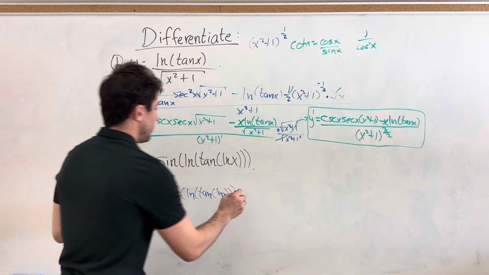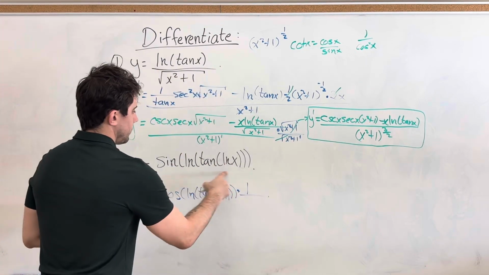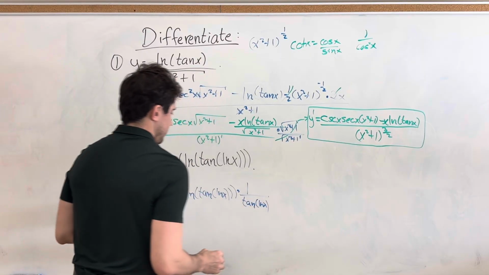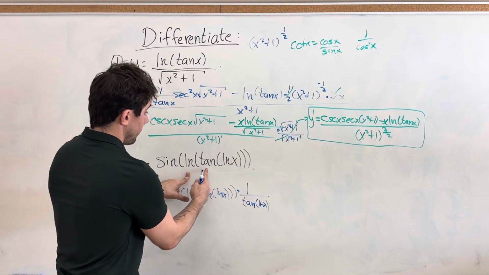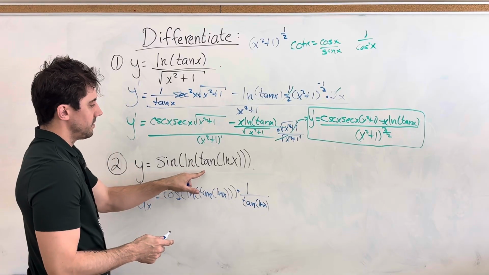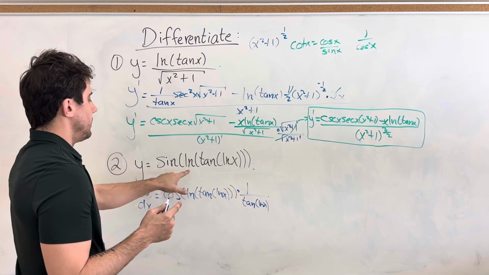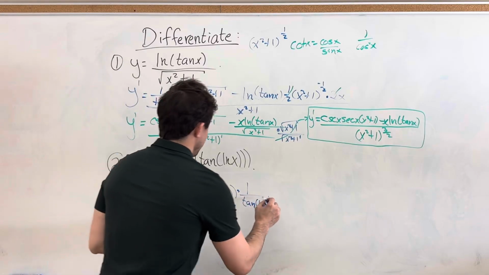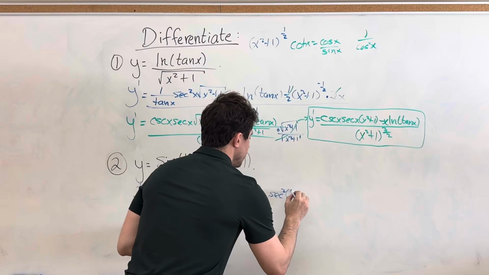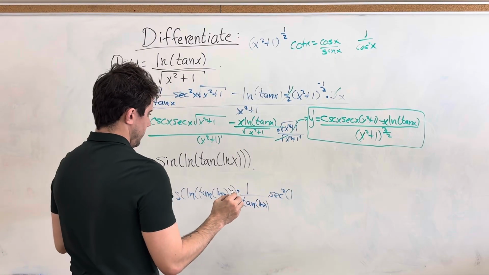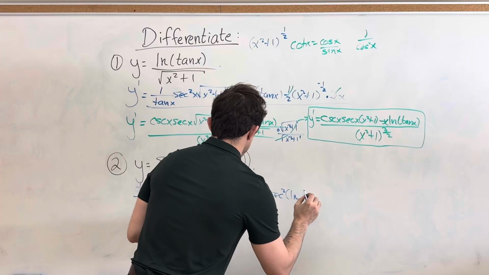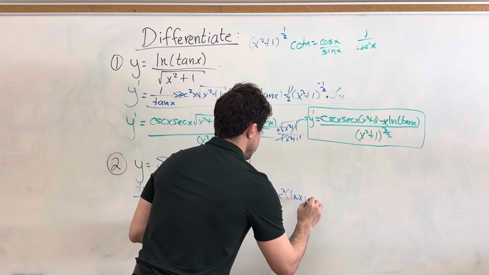So that'll be 1 over tan of ln x times the derivative of tan of ln x, right? So that'll be times secant squared of ln x, right?